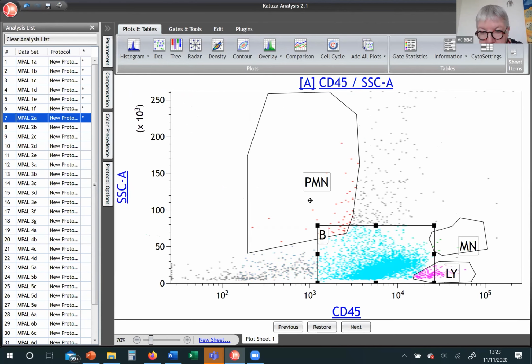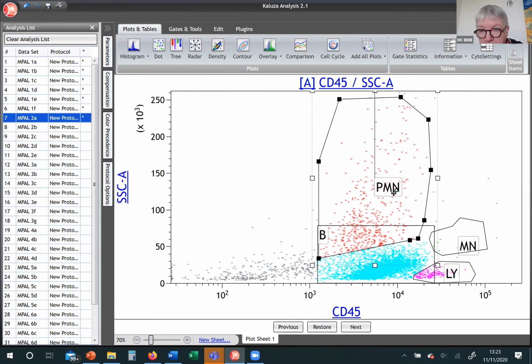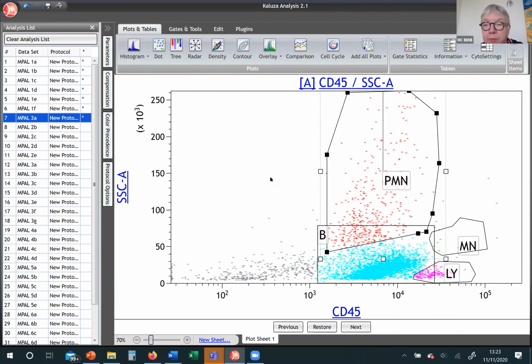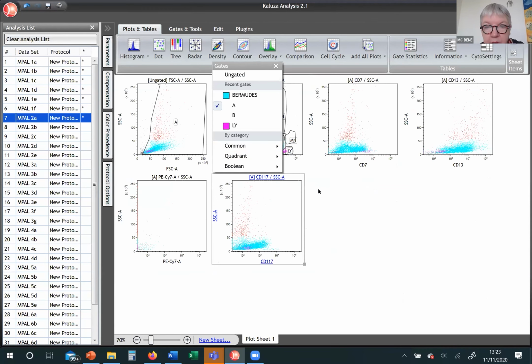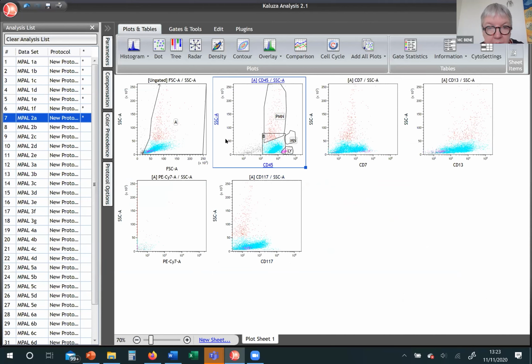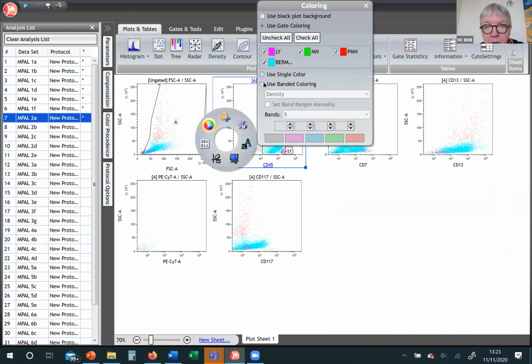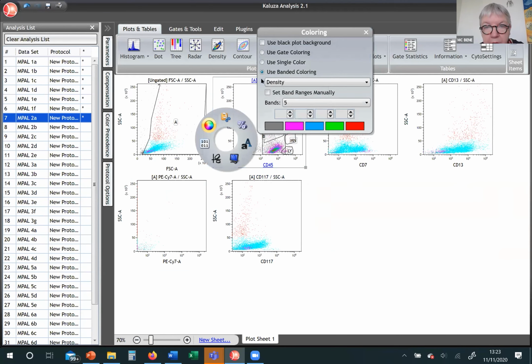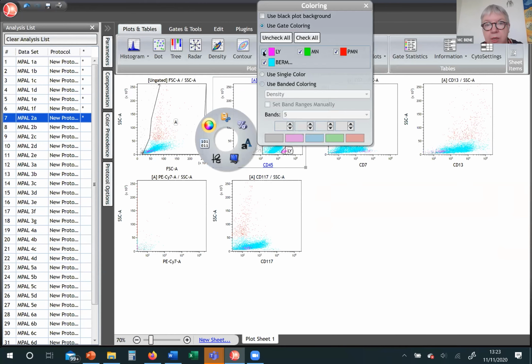So I make my boolean here. There are very, very few polymorphonuclears there, and I think that my gate is okay like that. I can check a little bit with this formulation. Yeah, that's okay.